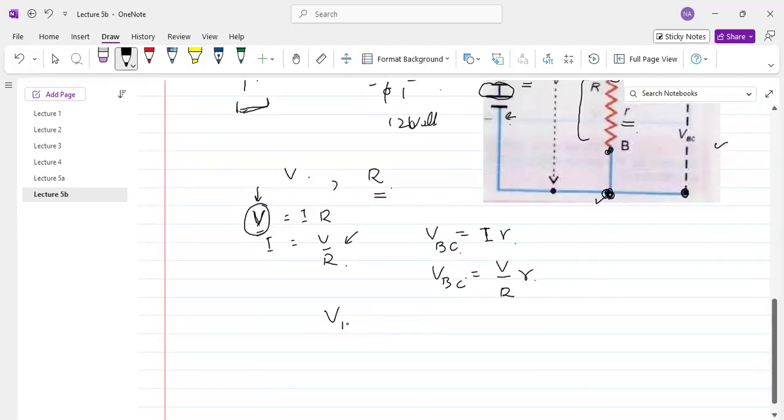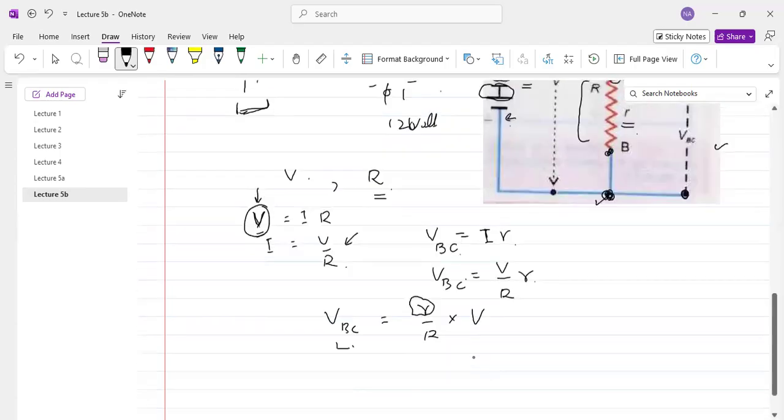This expression can be written in a more suggestive form: r over R multiplied by V. What does this mean? This means that the potential difference between points B and C is directly proportional to the resistance of the wire between points B and C.